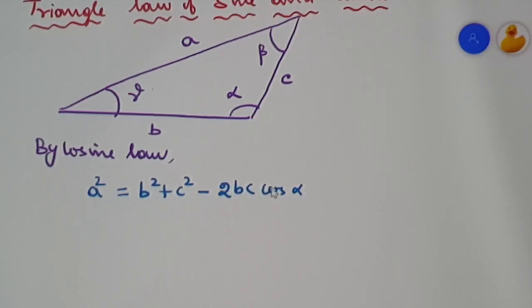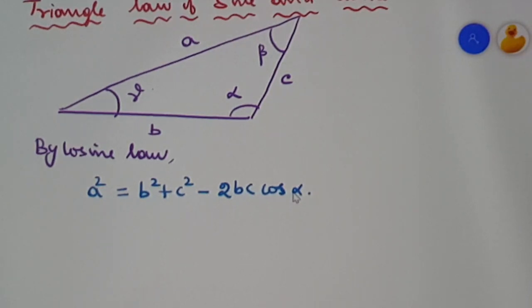A is the longest side, the side opposite to alpha. The proof for this cosine law you will study in mathematics in your 11th standard, while studying the properties of triangles. We physics people are not in need of the proof. We have to apply this cosine law to a triangle.